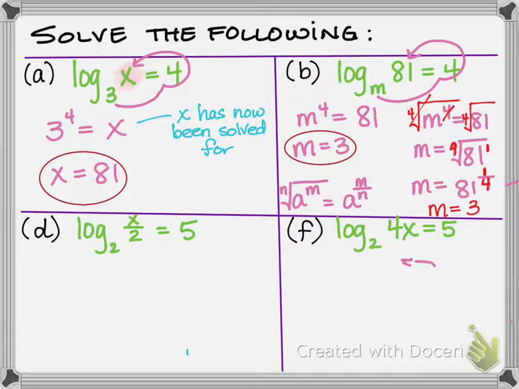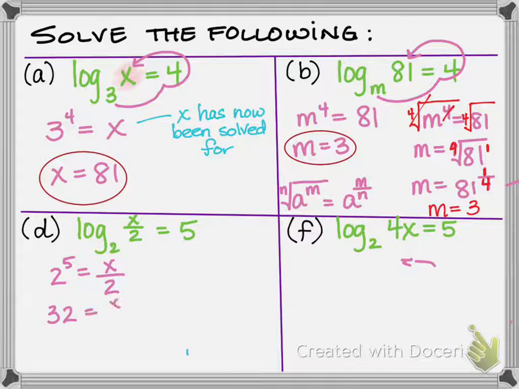All right, going back to this one over here, log base 2 of x over 2 equals 5. We will rewrite it. So 2 to the 5th equals the x over 2. 2 to the 5th is 32.